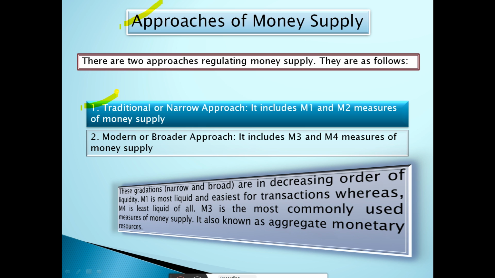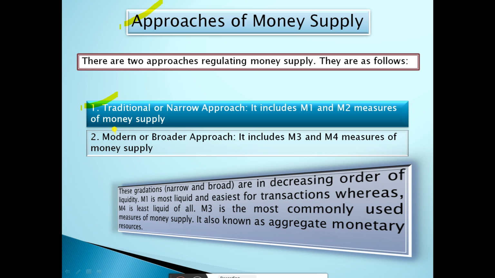And if we see the modern or broader approach, that is M3 and M4, according to this approach, money supply includes coins, currency, notes, banks' demand deposits, time deposits with banks, financial assets such as deposits with non-banking financial institutions like UTI, post office savings, bills, bonds, all of which come under the modern or broader approach.